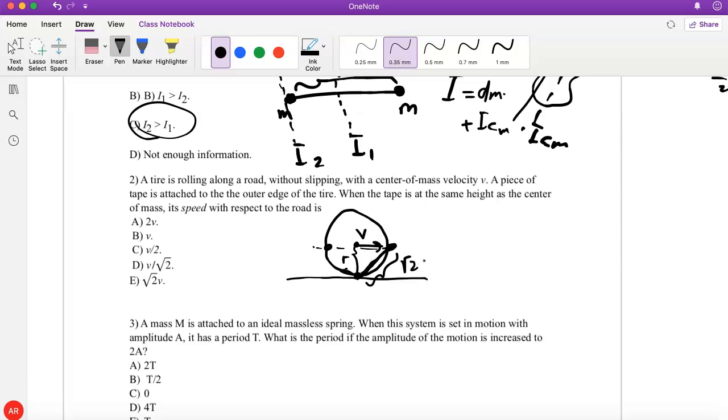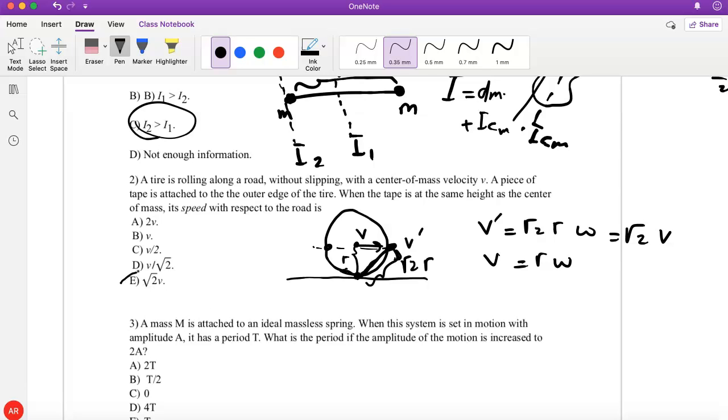So that's square root 2 times r. And then let's say here we have v prime. So I can write v prime is square root 2 r times omega, and v is r times omega. Omega is the angular velocity. Then we find that this is square root 2 times v.